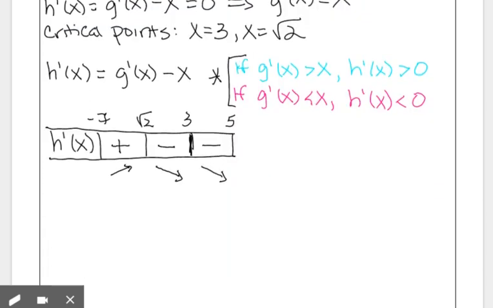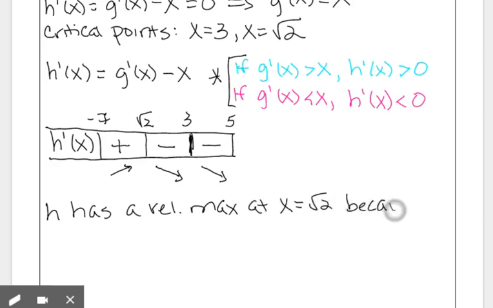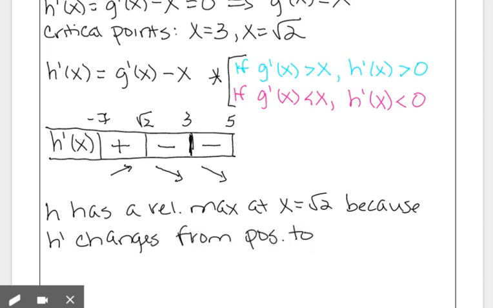So what this means then is h has a relative max at x equals the square root of 2 because h prime changes from positive to negative at x equals the square root of 2.